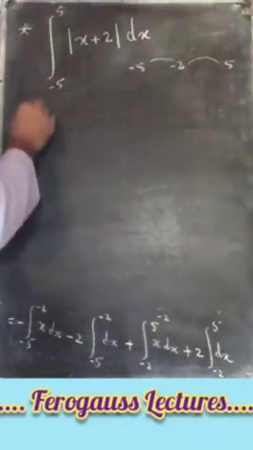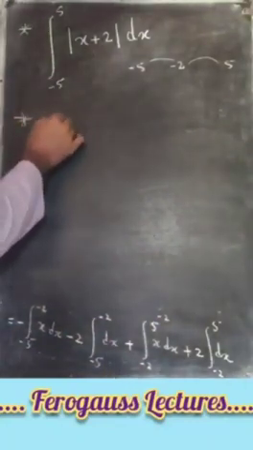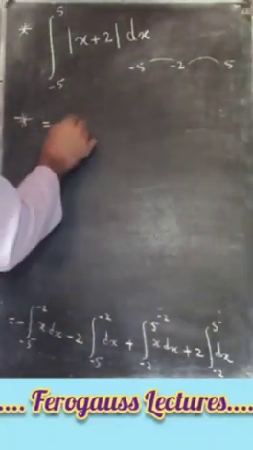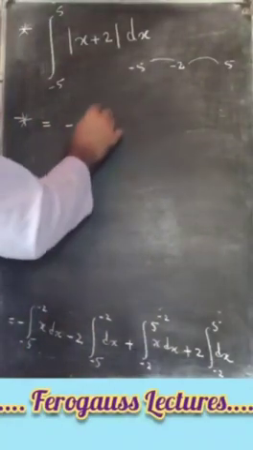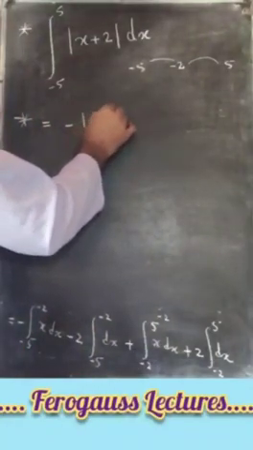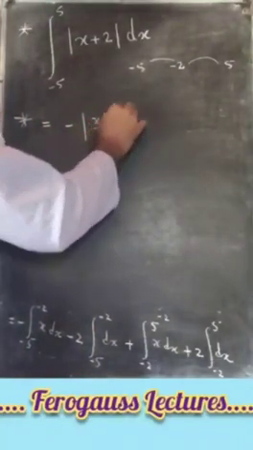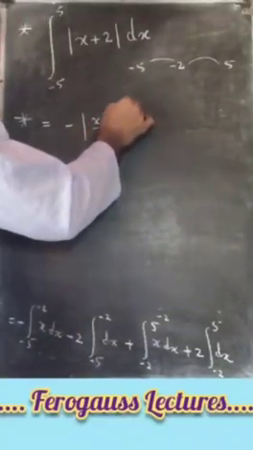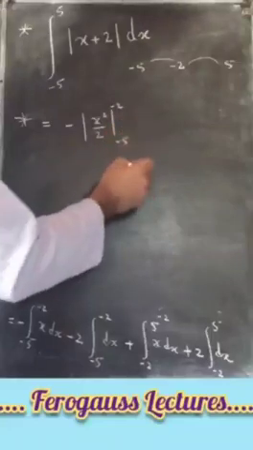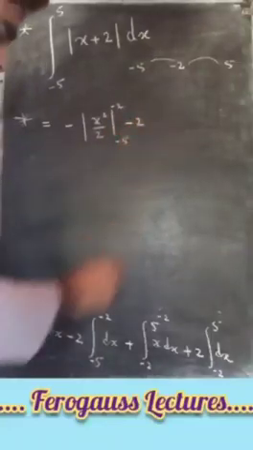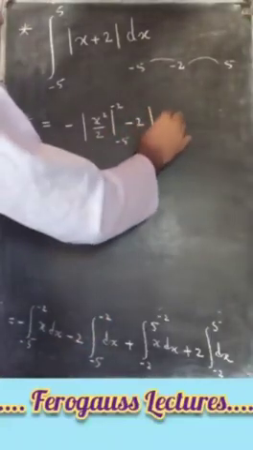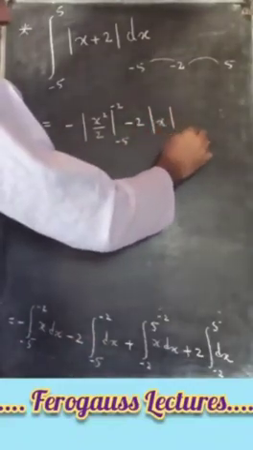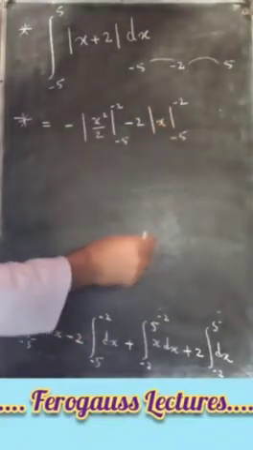now this is further equal to minus times integration of x, which is x square by 2, with limits from minus 5 to minus 2. Then we have minus 2 times integration of dx, that is x, limits are from minus 5 to minus 2.